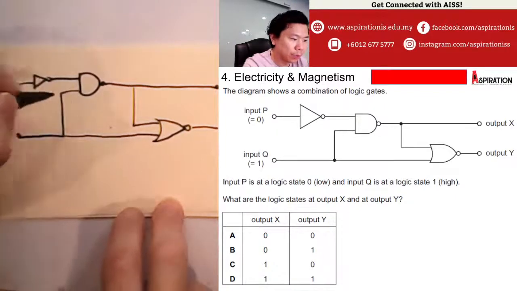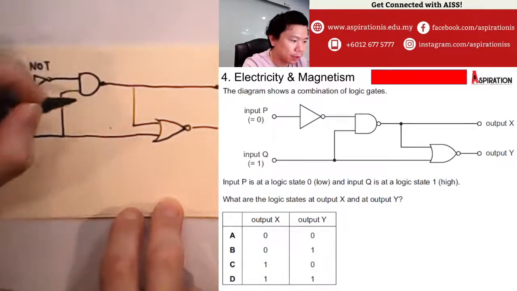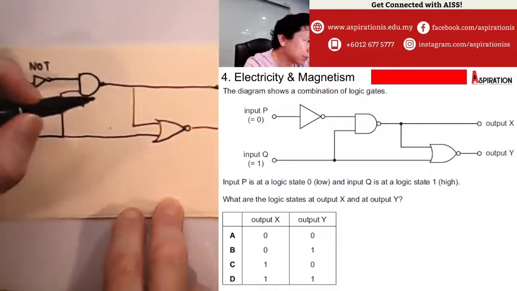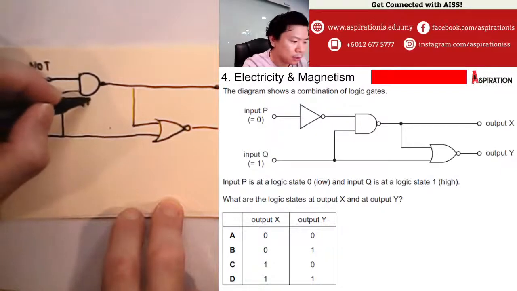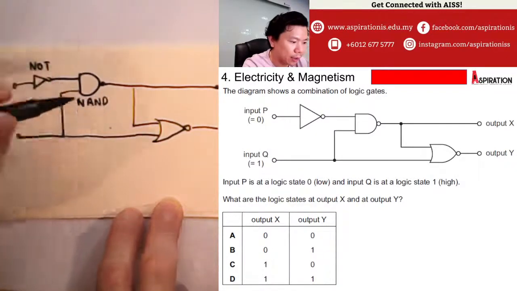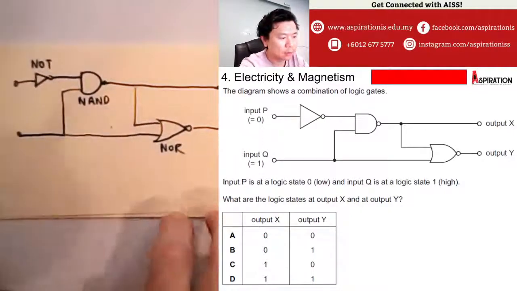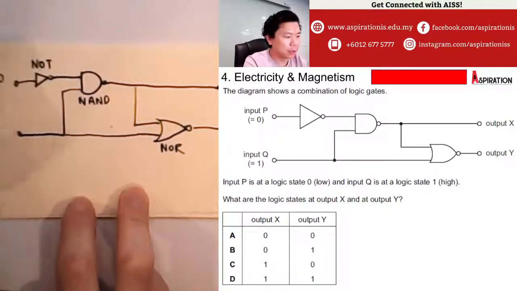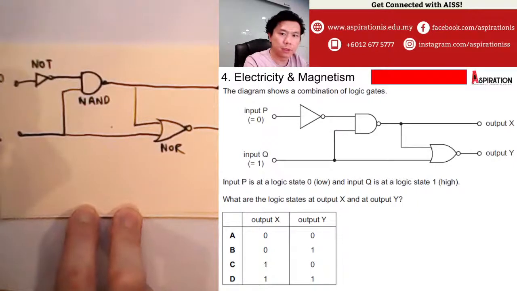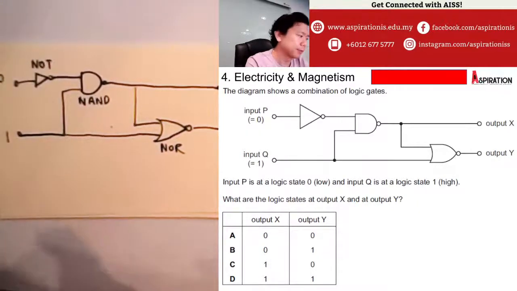Okay, here, so we have a NOT gate. We have, wow, all the answers are coming in already. We have a NAND gate and we have a NOR gate. And so the input here is 0 and the input here is 1.